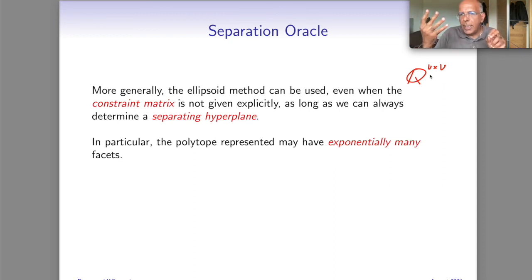That's just saying, is it a perfect matching in the graph? And if not, I can find a separating hyperplane. And I can do this without actually having to construct the exponentially many facets. I can do all this computation just from the graph itself. So the graph provides a succinct representation of a polytope with exponentially many facets.